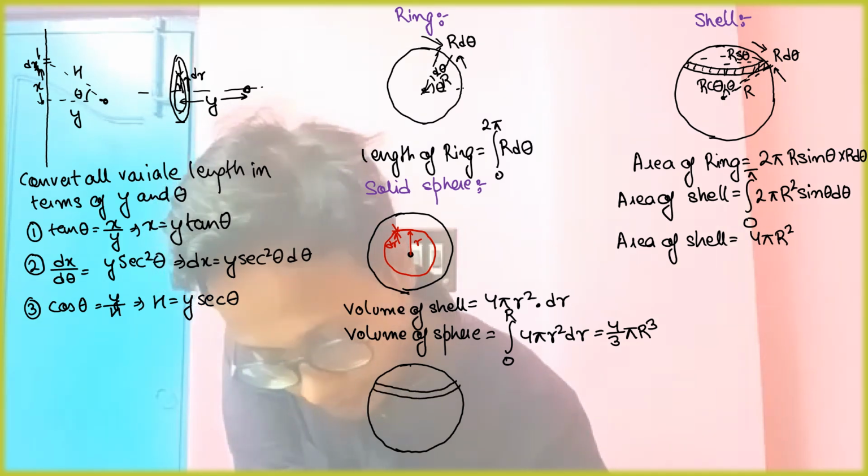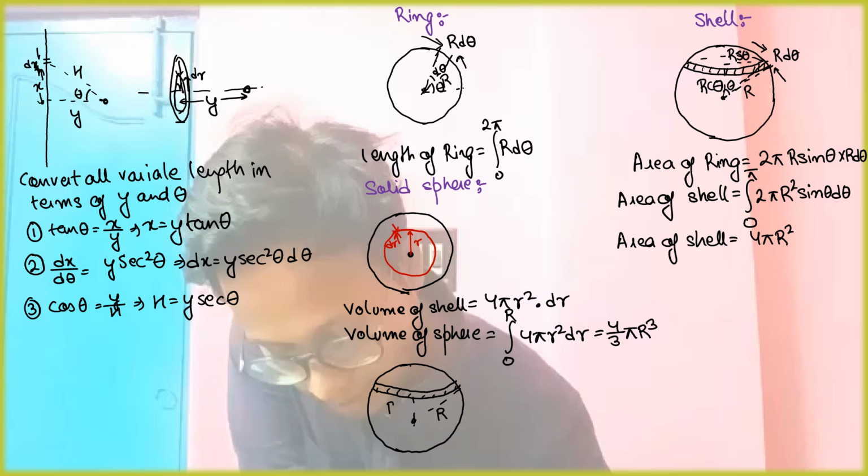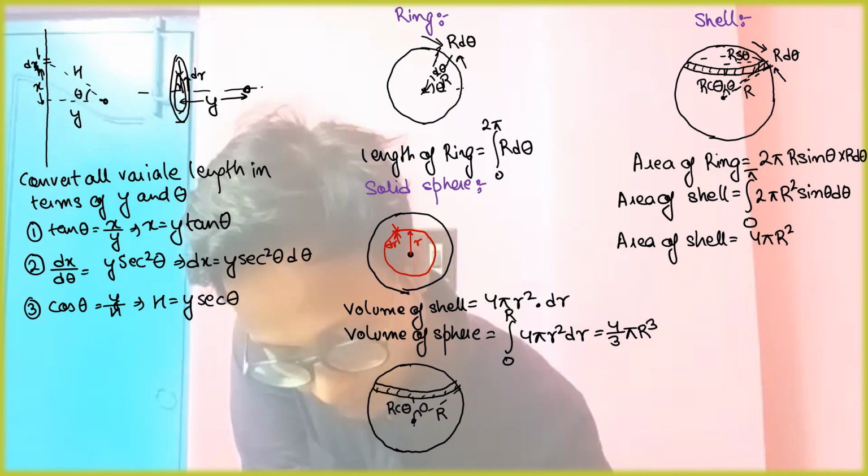Okay, elemental disk out here, and this is r. Okay, r cos theta. This is theta. This is r sine theta. This length is nothing but r d theta, r into d theta.